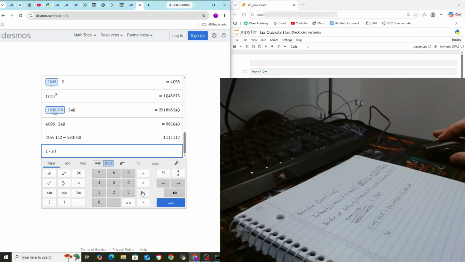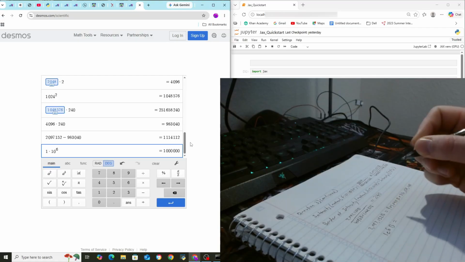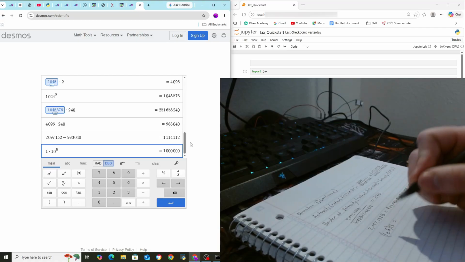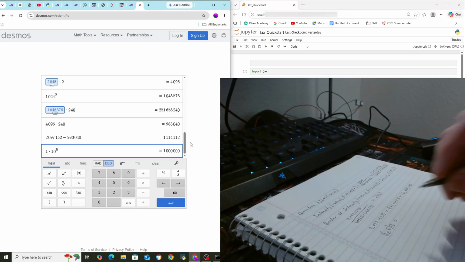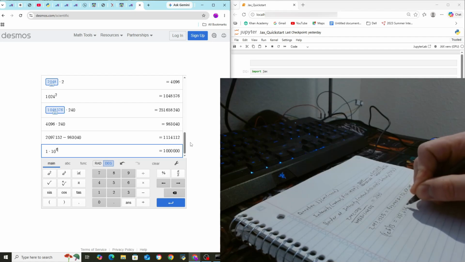Nope, it's 6. It's 6 figures. 1E6B equals 251,658,240.